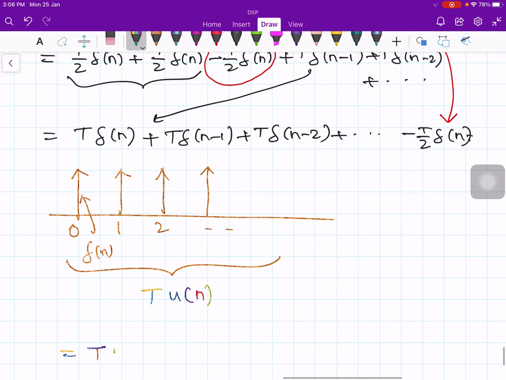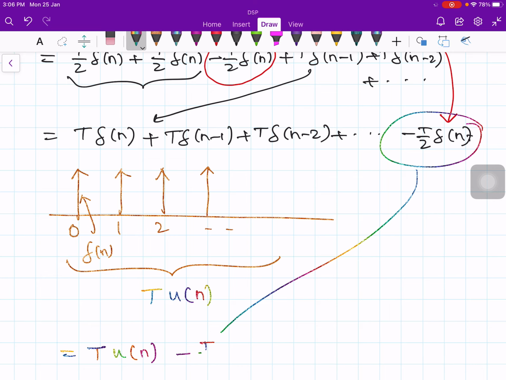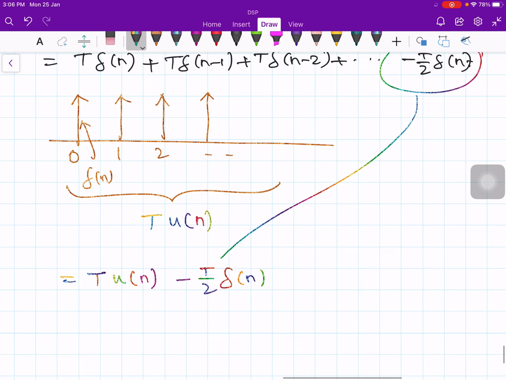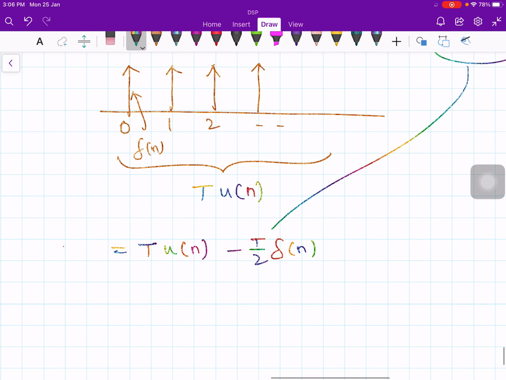Therefore, this is T times u of n minus T by 2 times delta of n. Simple manipulation, that is all. Therefore, your h of n is an infinite impulse response system, and recursion and non-recursion have nothing to do with the length of the impulse responses.